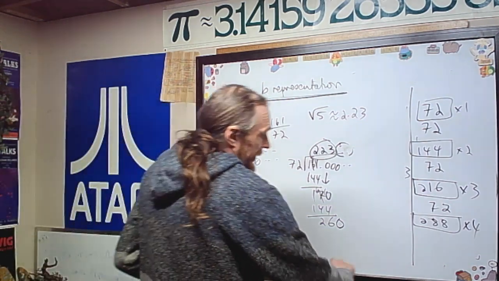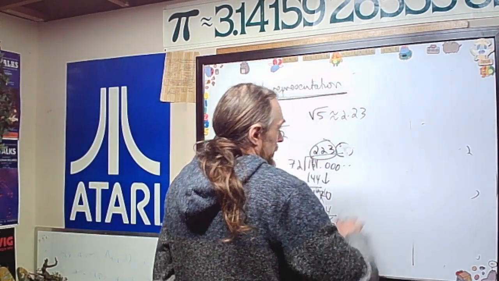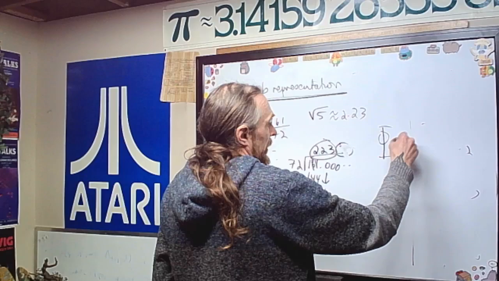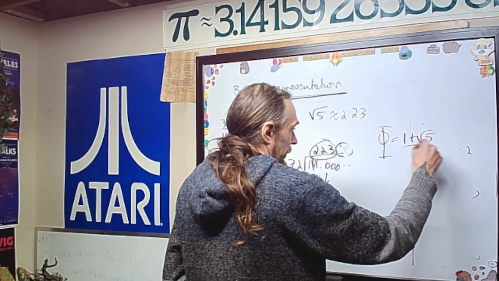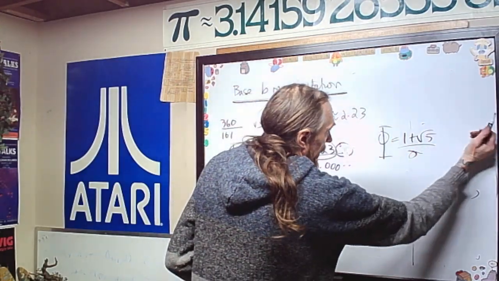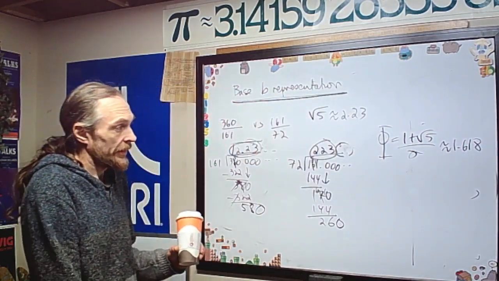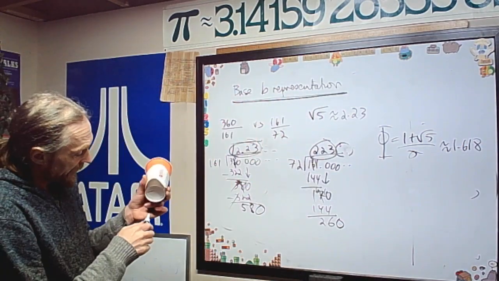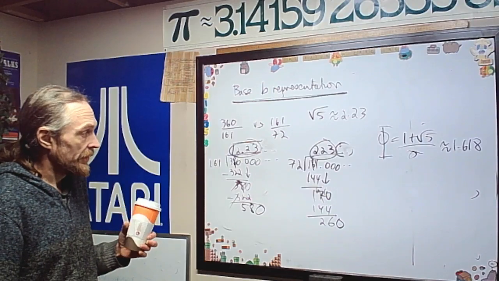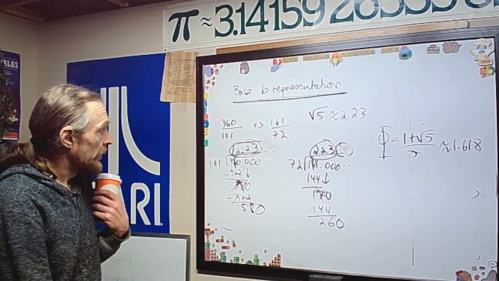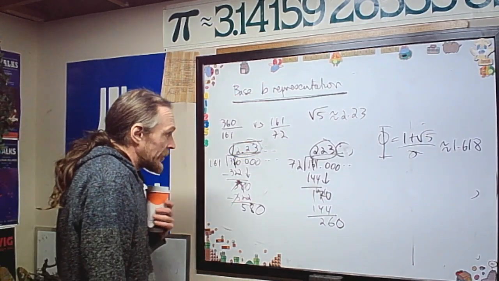And that one specifically is useful because the golden ratio phi is 1 plus root 5 over 2, which I can now say is approximately equal to 1.618, et cetera. So we can get at the decimal expansion of these other numbers, which are irrational. There's another irrational number for you. And this is the base representation.